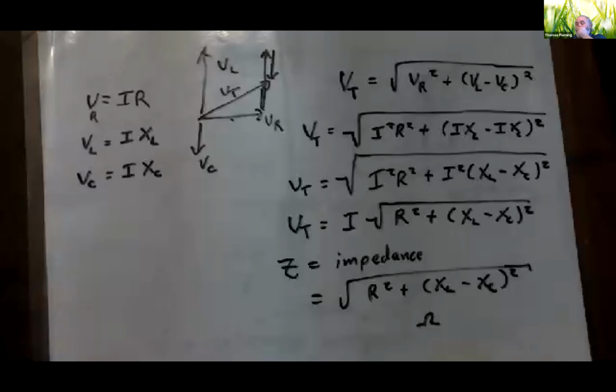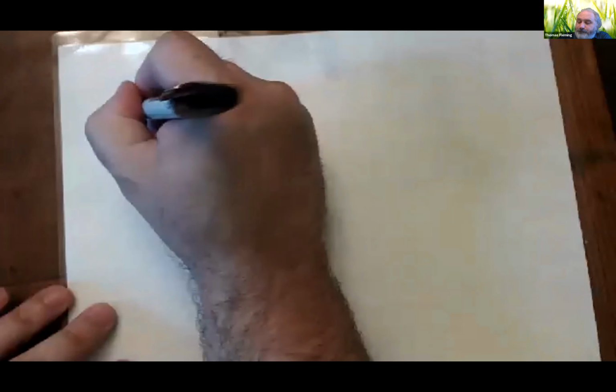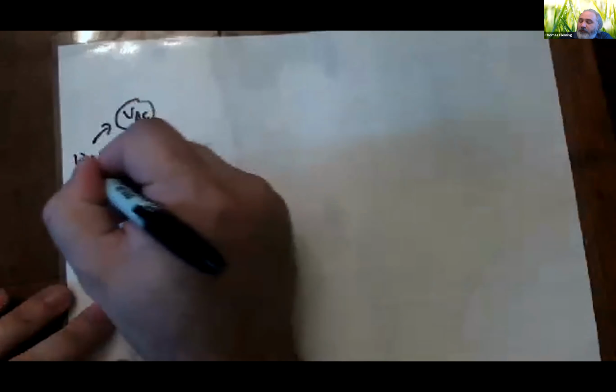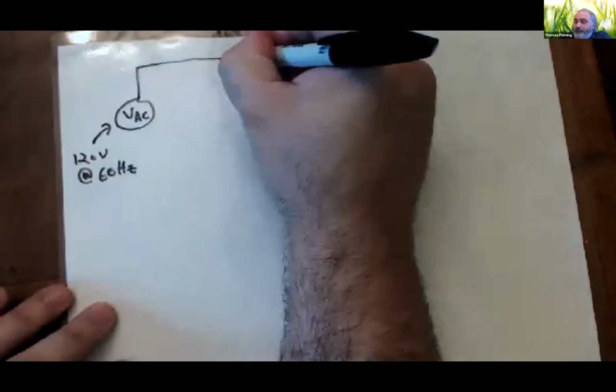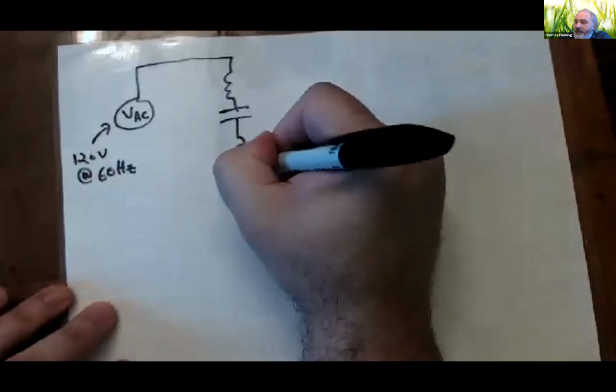Now, let's do a quick example. Let's imagine that I've got a series RLC circuit, and I hook it up to the wall. And the wall power is going to be 120 volts at a frequency of 60 hertz. That's pretty standard in the walls of every house in America. I've got a resistor, a capacitor, and an inductor.